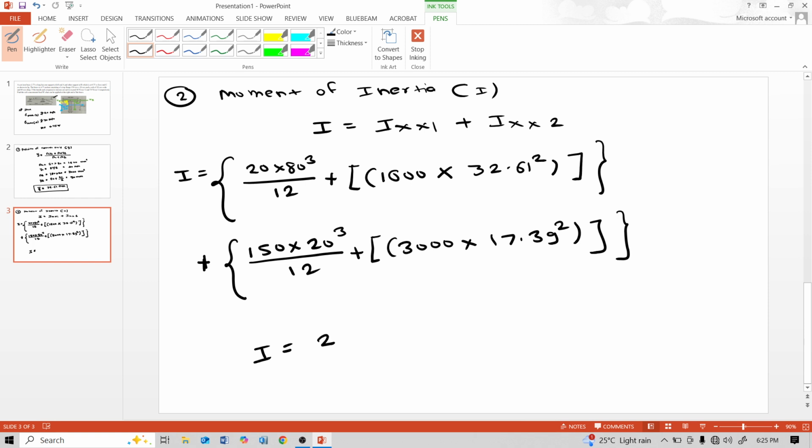Then 3000 multiplied by 17.39 square plus 150 into 20 cube divided by 12 is 1 into 10 raised to 6.